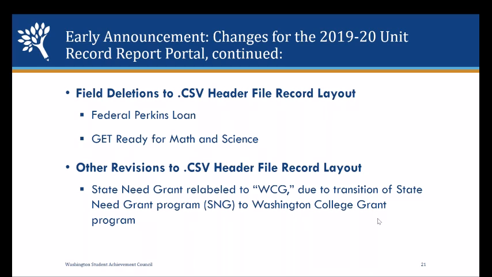But you'll hear us using both state need grant and Washington College grant perhaps in the same sentence. It's going to take us all some time to get used to that, but we are changing the record layout to refer to WCG as opposed to SNG.